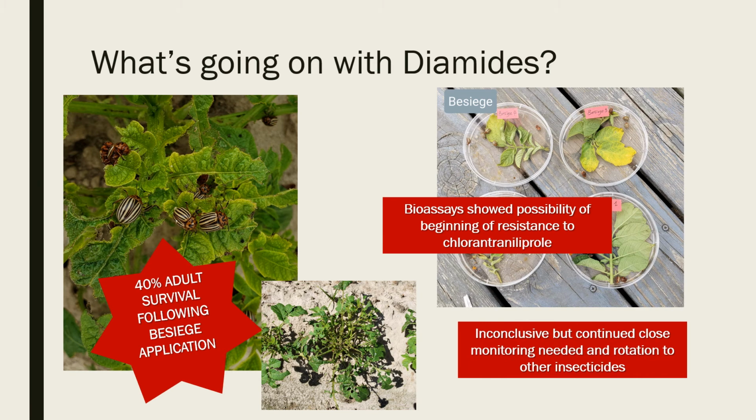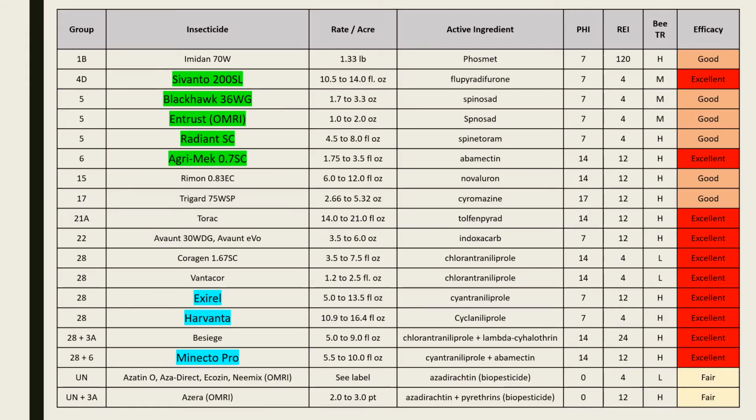However, these trials or bioassays are inconclusive due to the fact that they've only been conducted once. So we need to have continued close monitoring, and we need to continue rotation with other insecticides, or maybe try out some other insecticide to control the beetle.